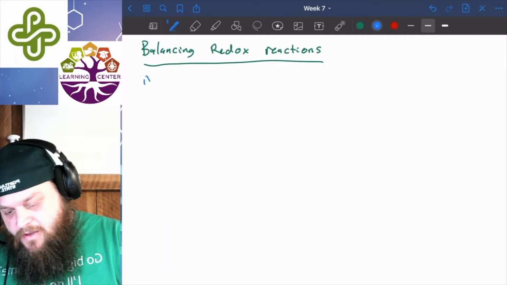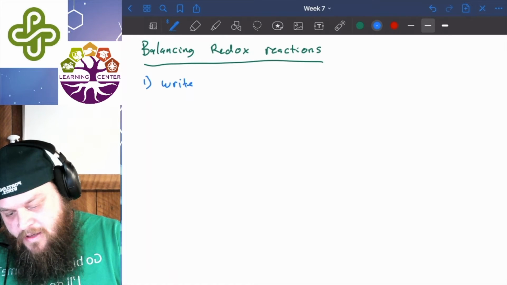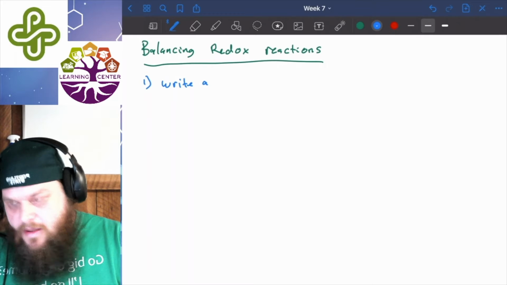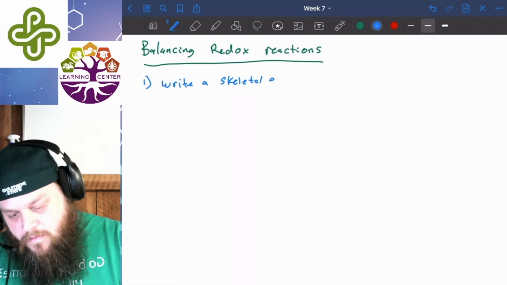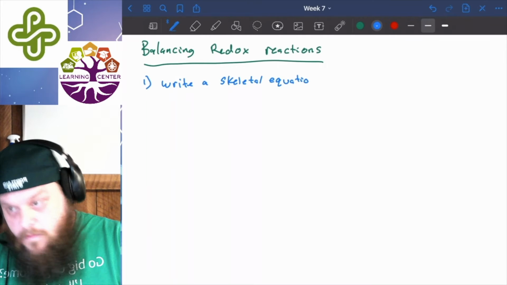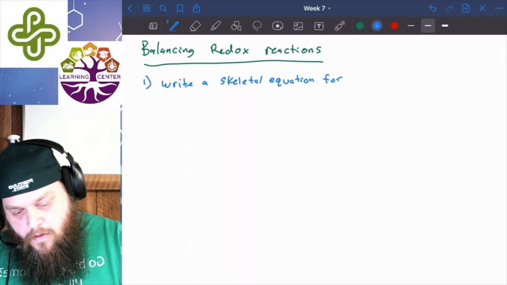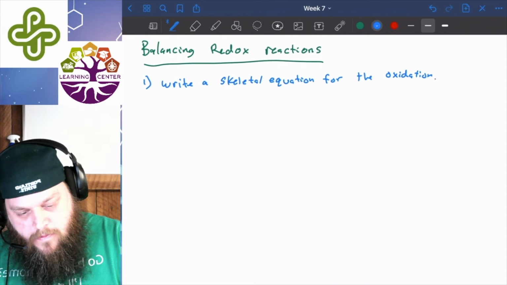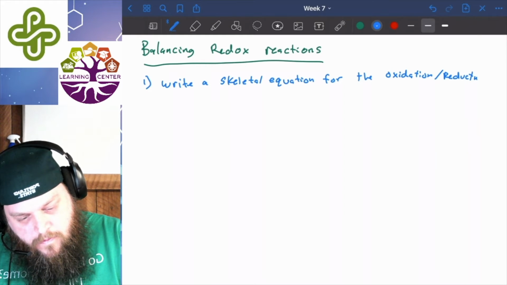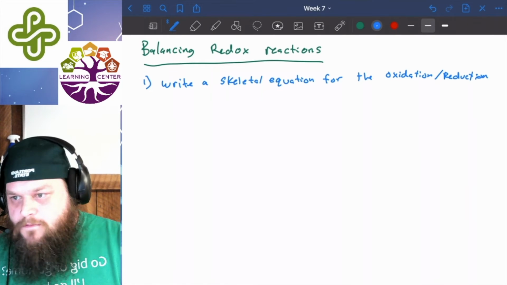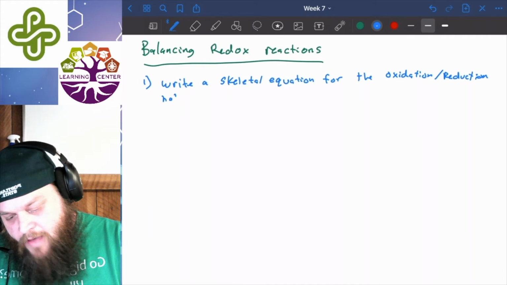So the first thing we do is write a skeletal equation for the oxidation/reduction. These we call half reactions.